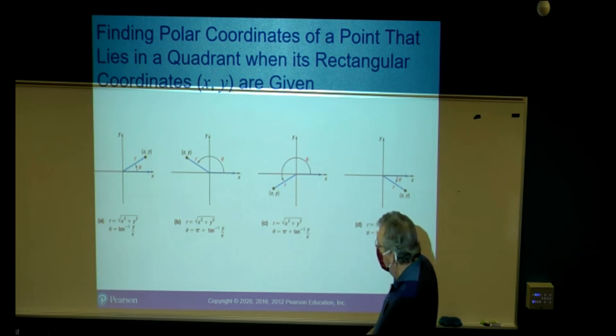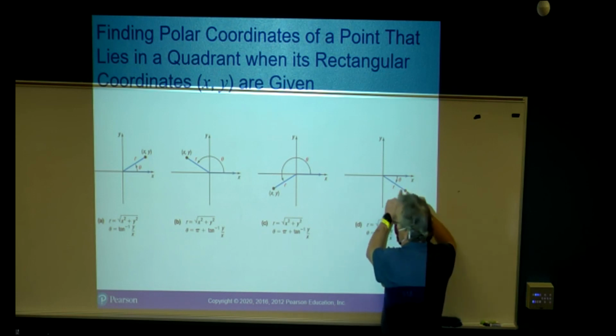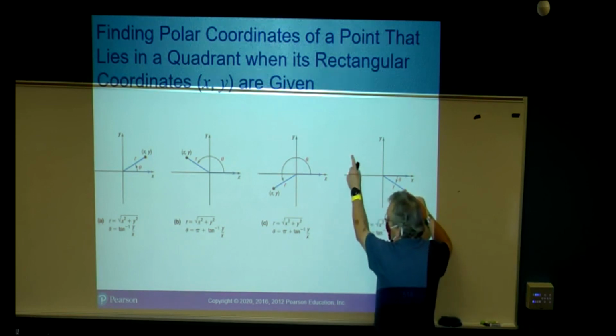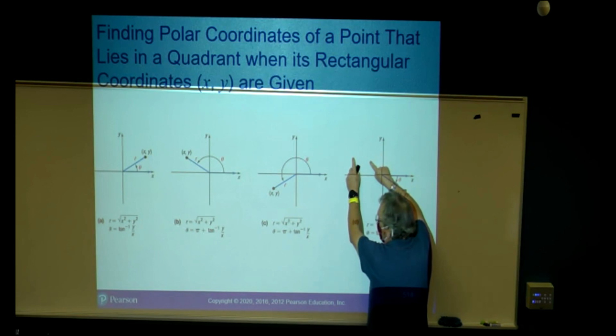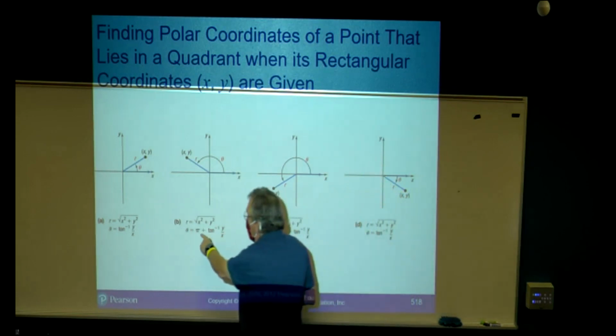Because if tangent is negative, the inverse tangent gives an angle in the fourth quadrant, but that means I'm going to need to wind up here in the second quadrant, so I'm going to add pi to it, so it'll take me over there. Because this is where my point is, and that's how they do this.